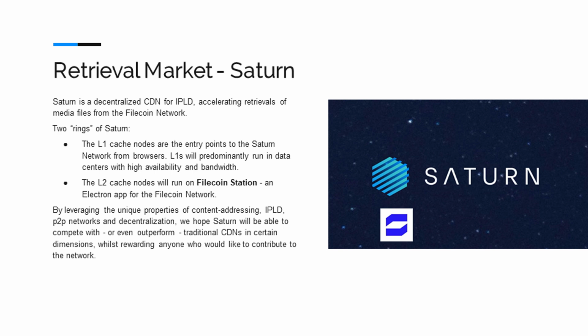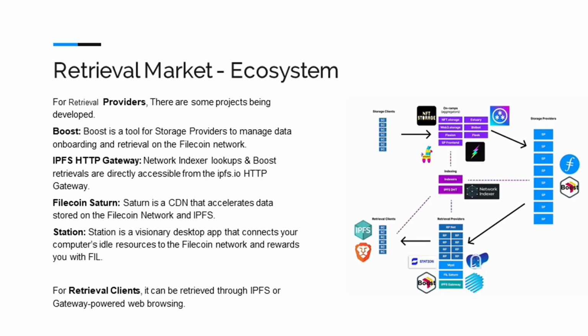By leveraging the unique properties of content addressing, IPLD, P2P networks, and decentralization, we hope Saturn will be able to compete with or even outperform traditional CDNs in certain dimensions, while still rewarding anyone who would like to contribute to the network.